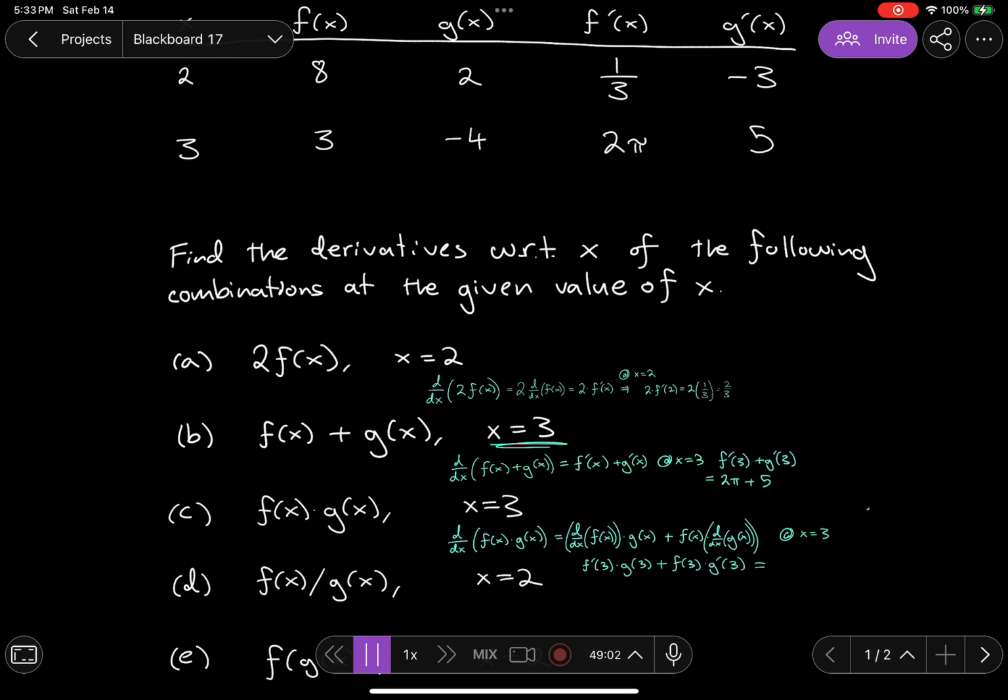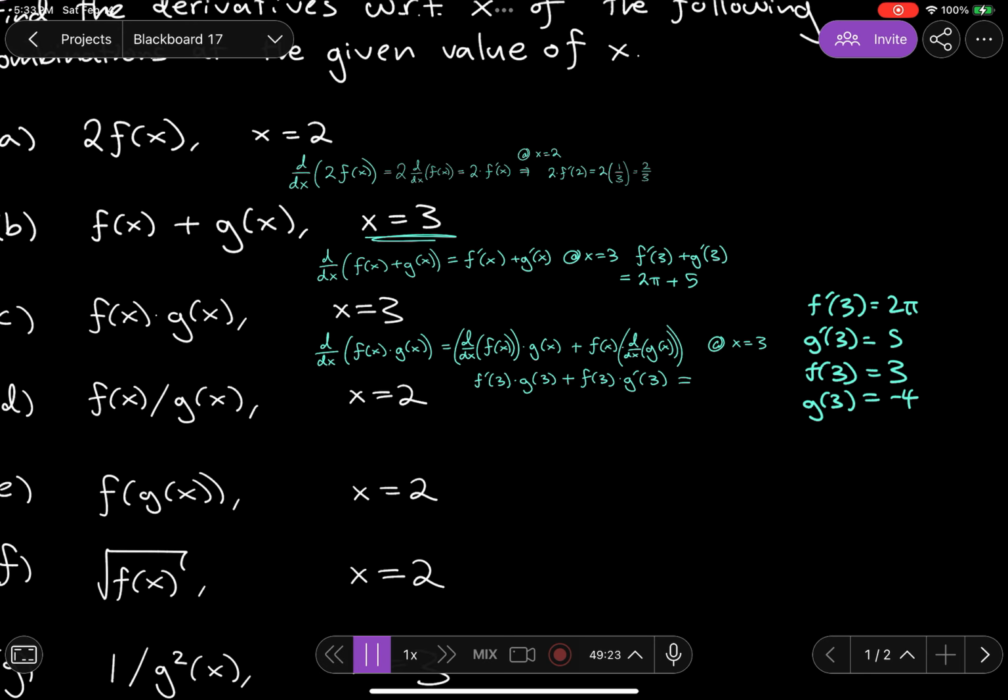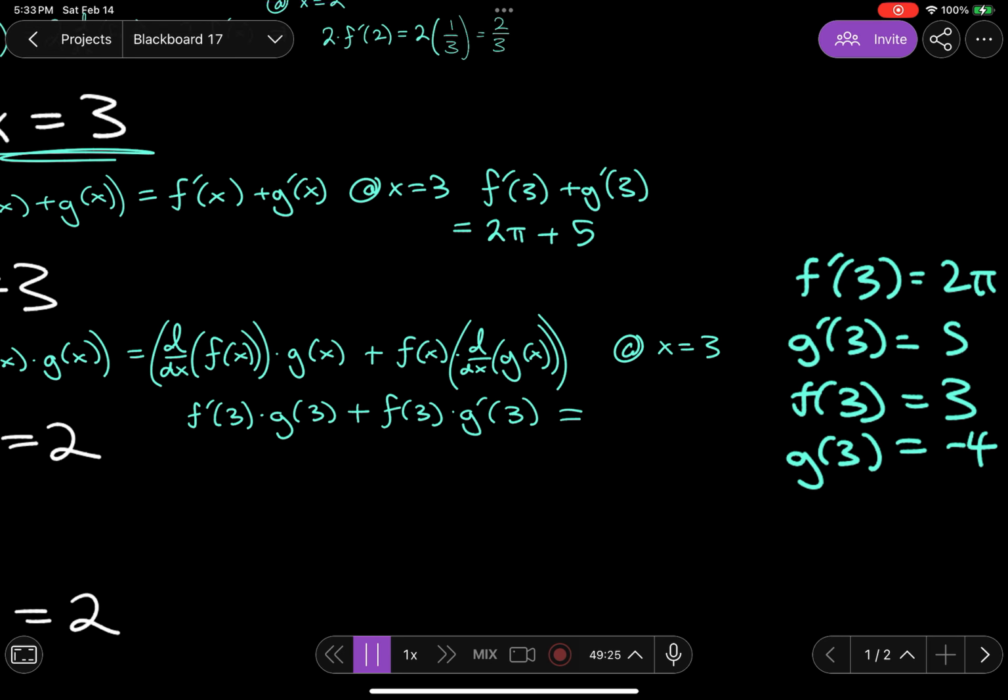Maybe let me collect them. F prime of 3 equals 2 pi. G prime of 3 is equal to 5. F of 3 is equal to 3. And g of 3, based on the chart, is equal to -4. So now it's literally just plugging them into this formula right here.